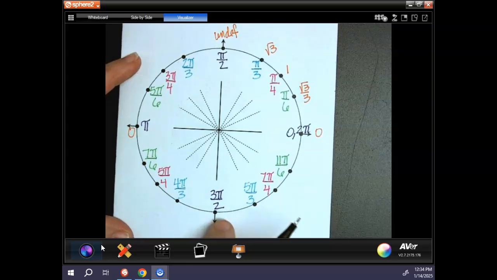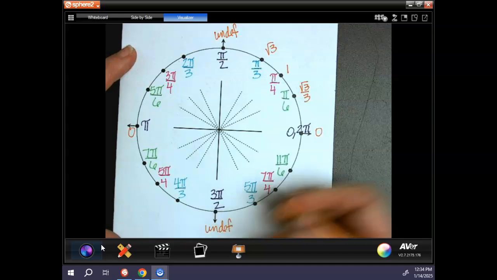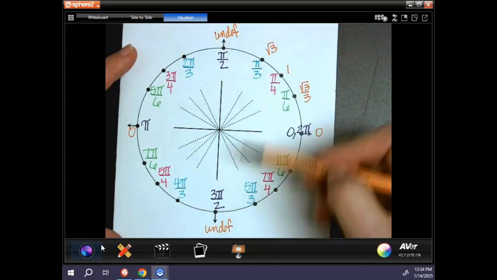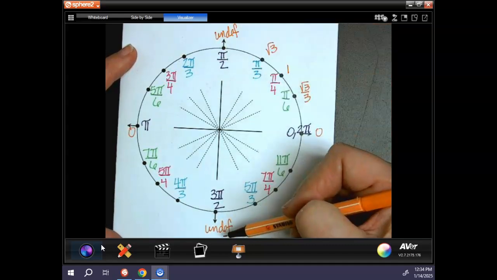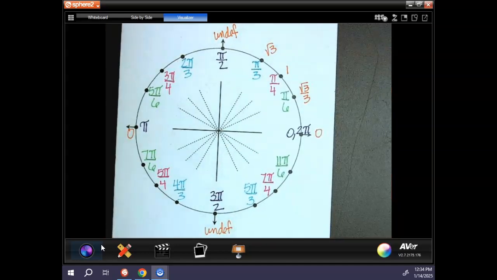The ordered pair for 3 pi halves is 0, -1. Well, when I put -1 over 0, I get undefined. So both of the tangent values that are on the y-axis are undefined, again, because we have reflections. All right. Everybody good so far?